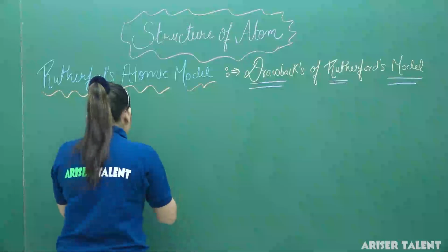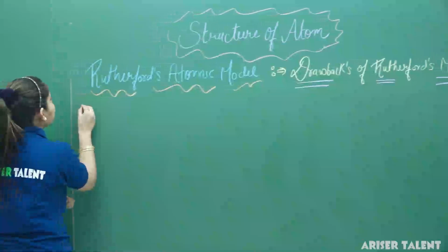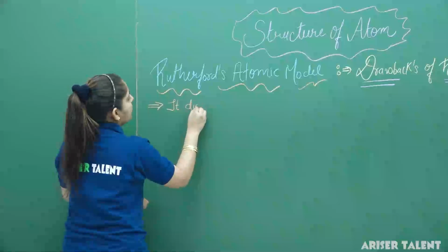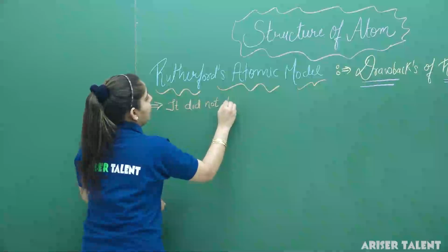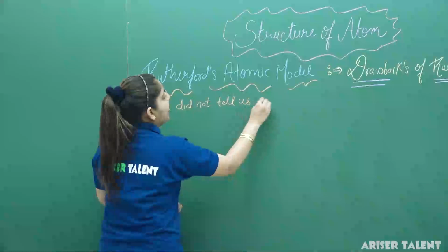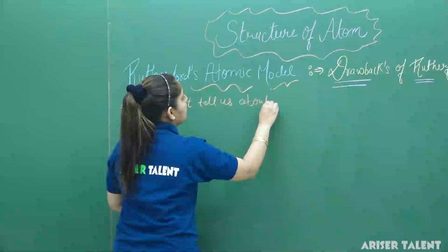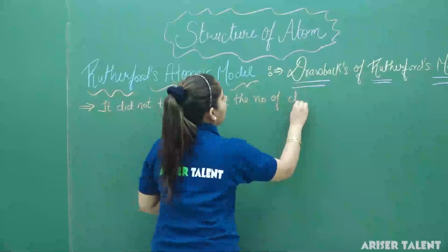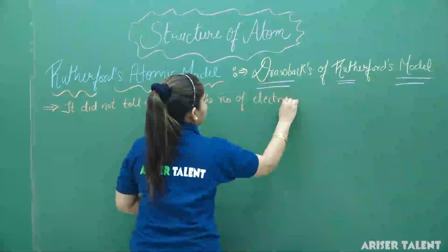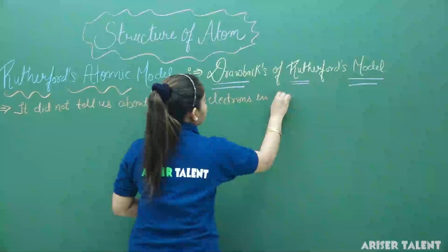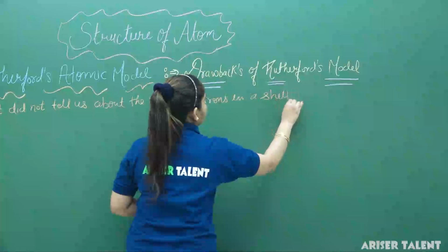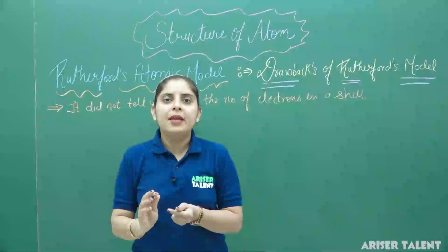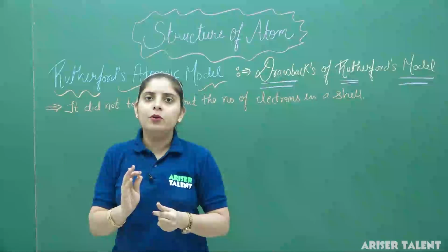So the first drawback is that it did not tell us about the number of electrons in a shell, nor about the valence electrons in a particular shell.